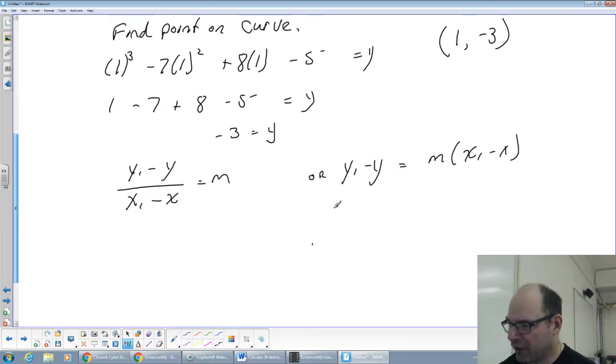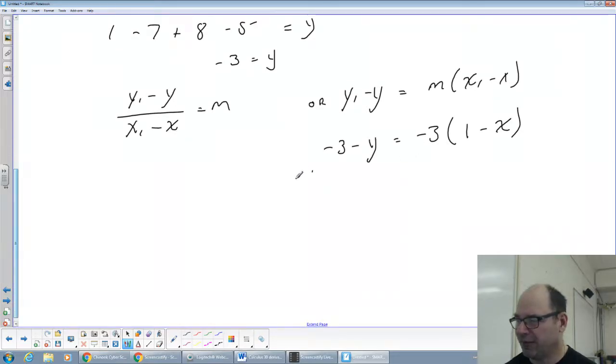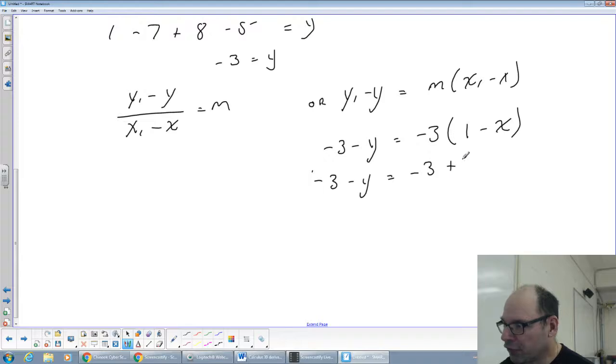Okay, so let's go ahead and plug it in. That point's y is negative 3 minus y equals negative 3 for slope, and x is 1 minus x. So there's our equation to simplify. Negative 3 minus y equals negative 3 plus 3x.